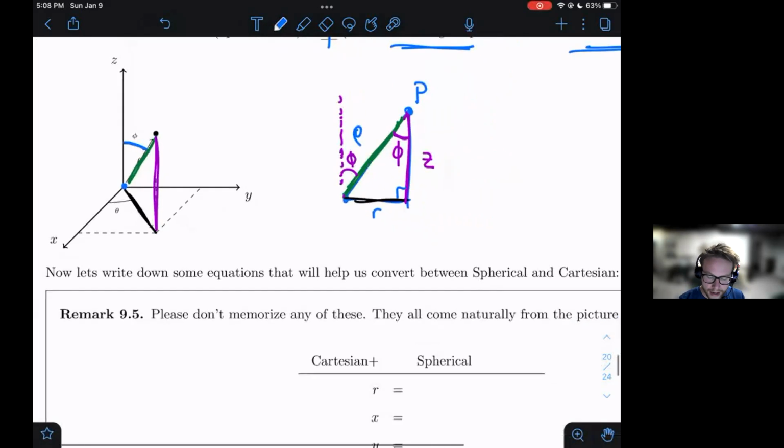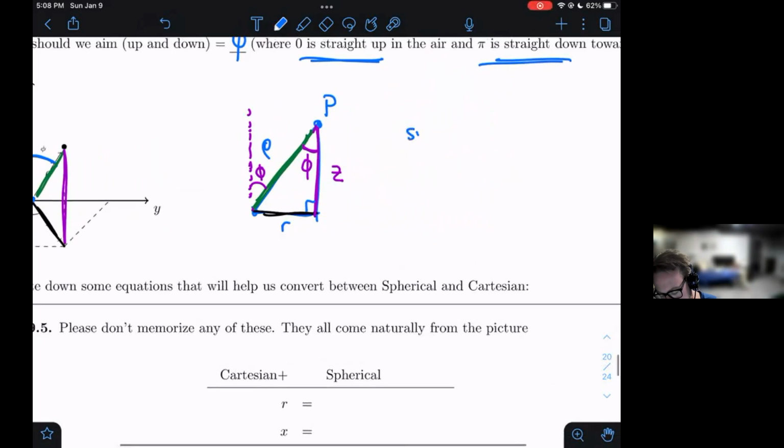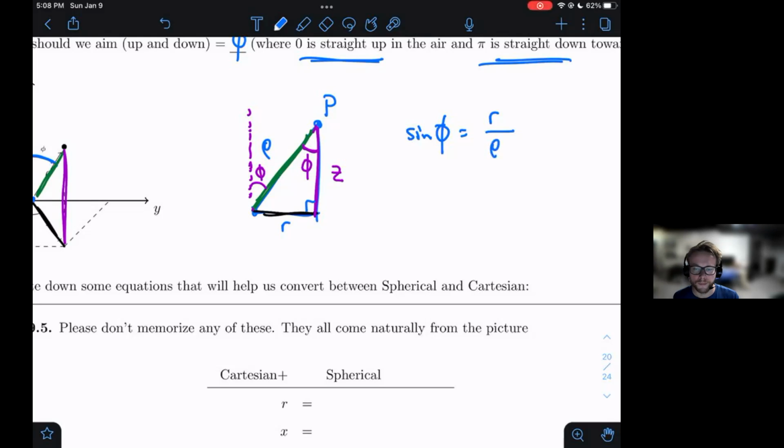Because we have formulas for right triangles, sines and cosines and tangents, we can come up with some good ways to transform between these. So in particular, sine of phi is the opposite over the hypotenuse. The opposite of phi is r, divided by the hypotenuse, which is rho.